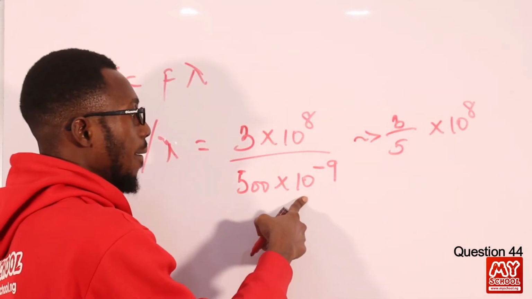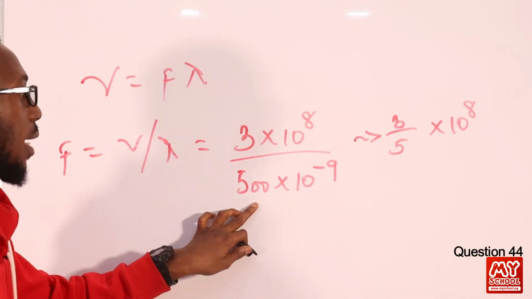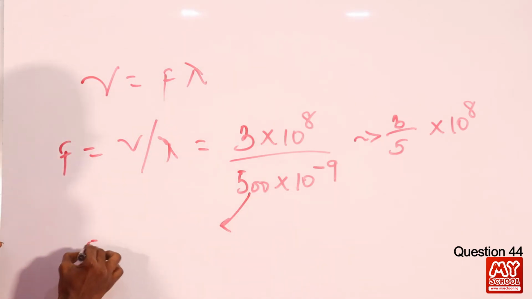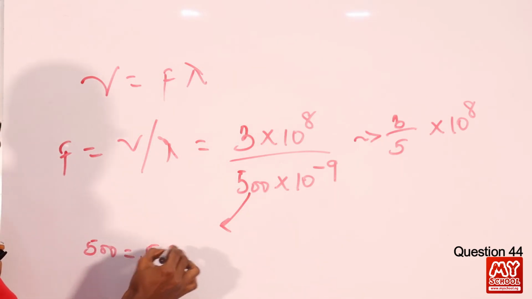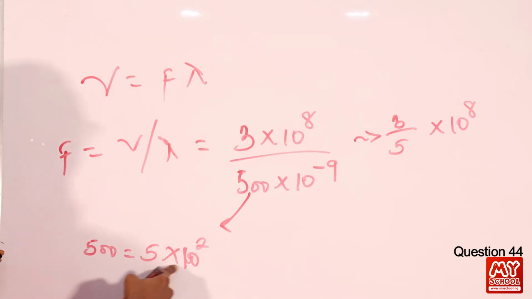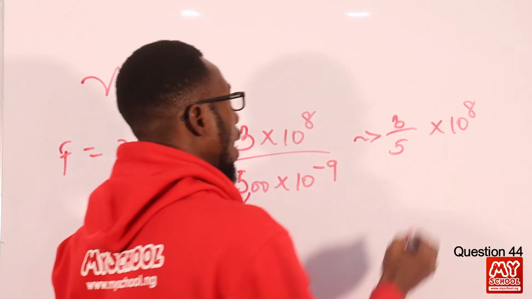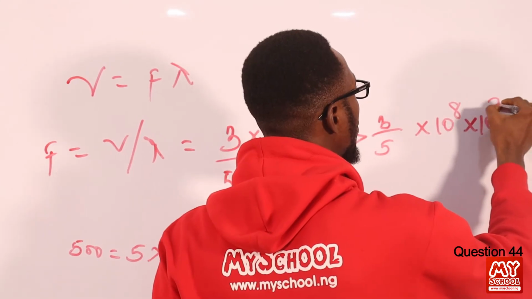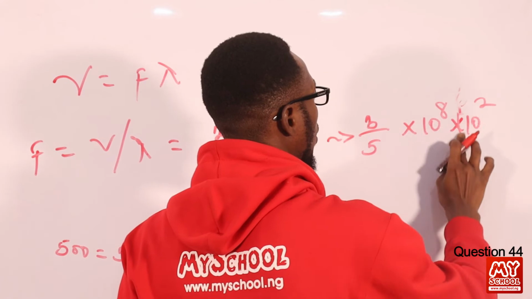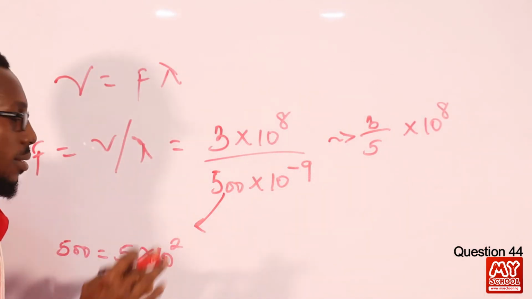If I want to convert 500 to standard form, I can say 500 is actually equal to 5 times 10 raised to power 2. So I have 5 times 10 raised to power 2 times 10 raised to power minus 9. Let me work it from the denominator so as not to get mixed up.